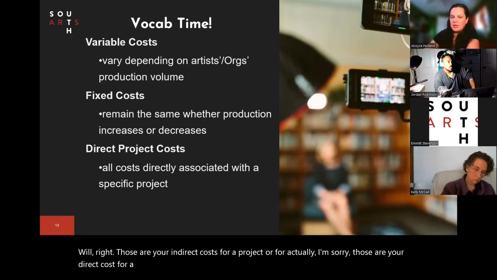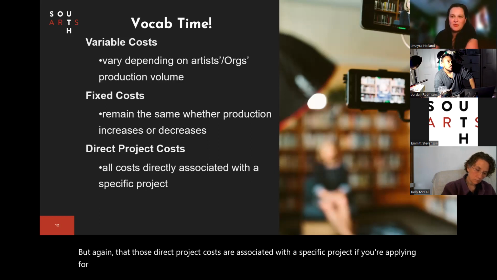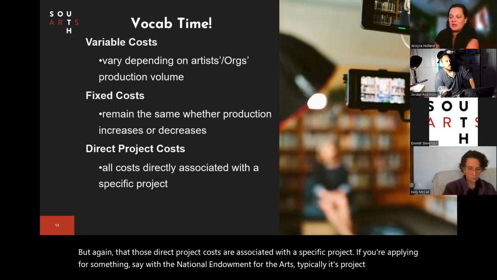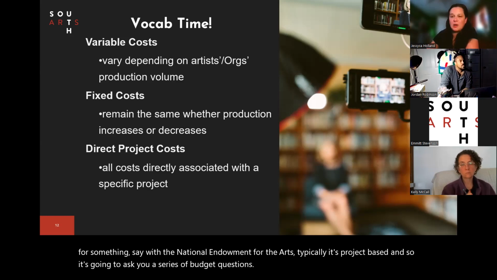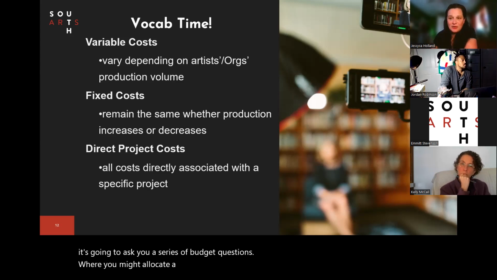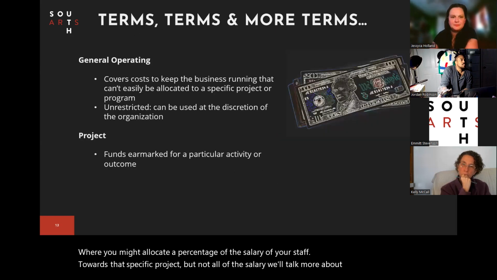Again, those direct project costs are associated with a specific project. If you're applying for something, say with the National Endowment for the Arts, typically it's project based, and so it's going to ask you a series of budget questions where you might allocate a percentage of the salary of your staff towards that specific project, but not all of the salary. We'll talk more about that in a little bit.